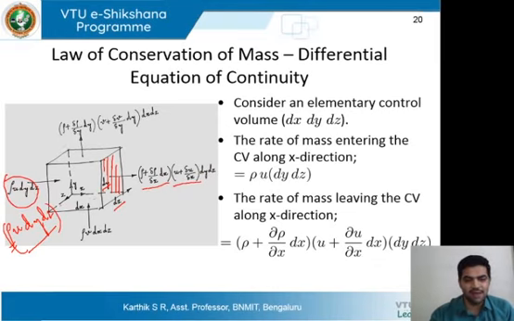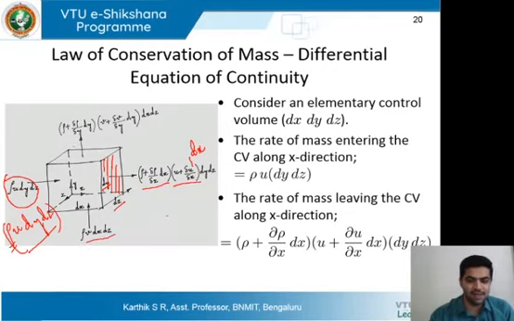Similarly, after it passes through a distance of dx, by using Taylor series expansion you can write the expression, sorry, here I have missed a dx into dy dz. I have also shown the same expression in the y direction.